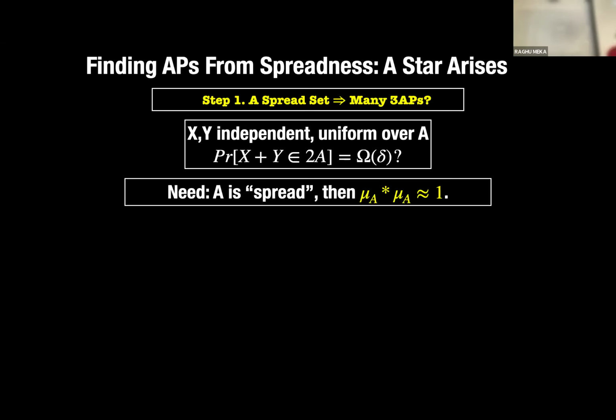Okay, so what do we need to say now? We need to say that if A is spread under a notion of spreadness, then the density mu A convolved with mu A is close to the uniform distribution. For a uniform distribution, the probability density of any point would be 1 over the domain size, right?